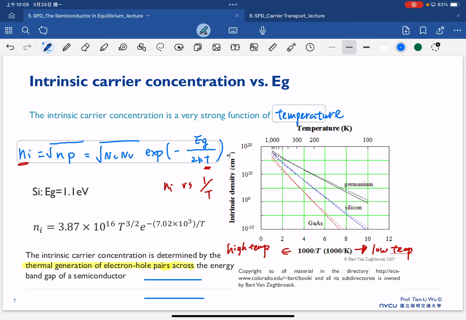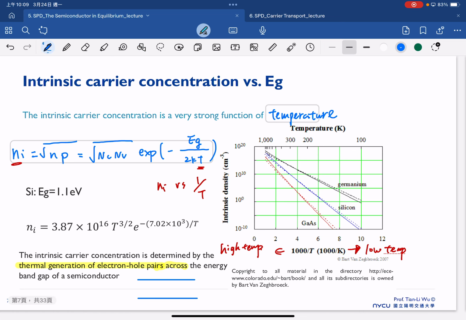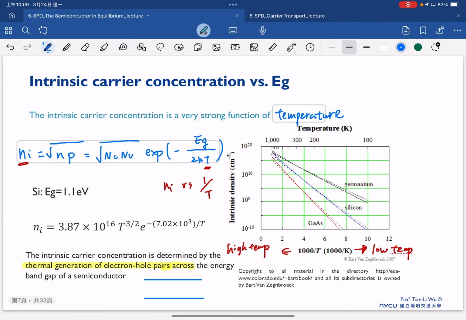So we have the band gap here. This suggests that the intrinsic carrier concentration is mainly determined by the thermal generation of electron hole pairs across the band gap.